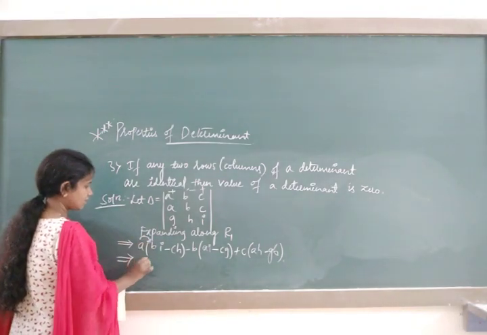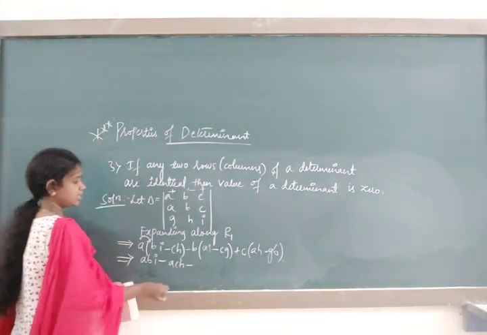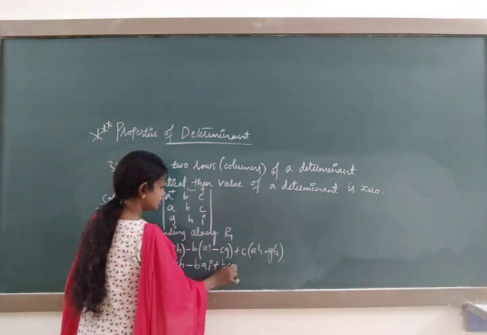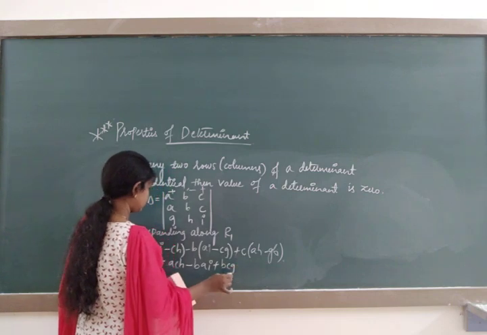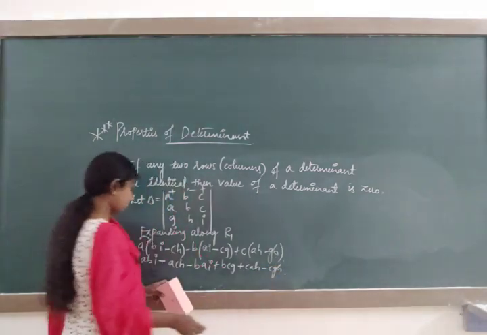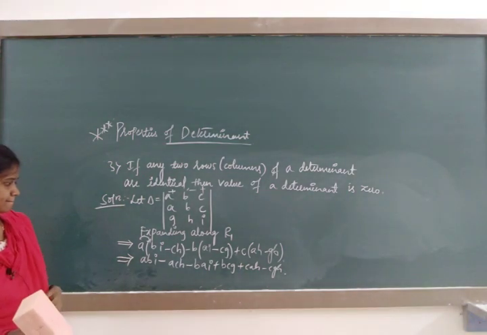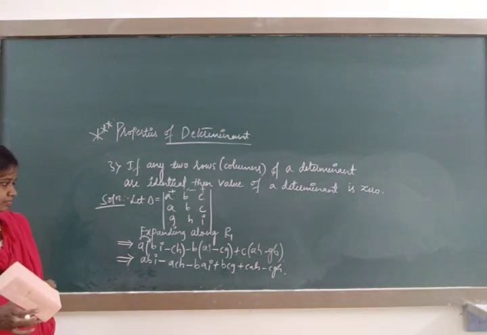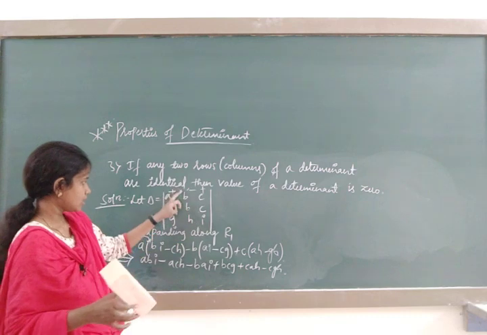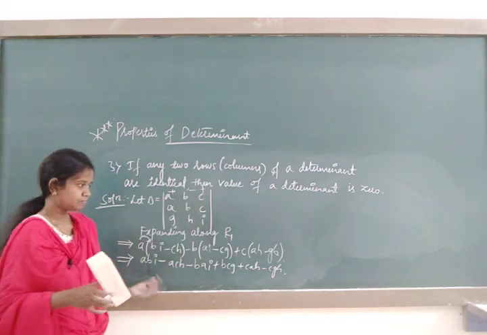So multiply inside: ABI minus ACH minus BAI, minus into minus plus BCG, plus CAH minus CGB.